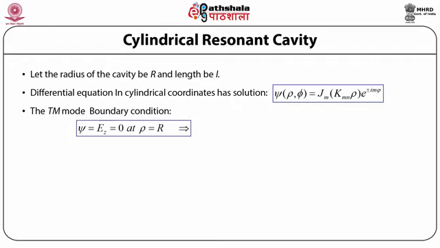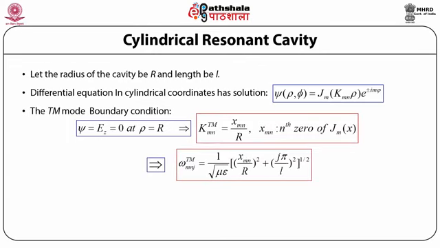From this, the value of capital K subscript mn for the transverse magnetic mode, that is the TM mode, is equal to x subscript mn by capital R, where x subscript mn are the nth zero of the Bessel function J subscript m as a function of x.